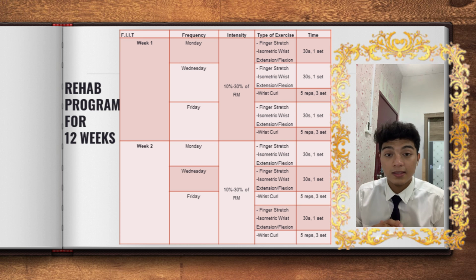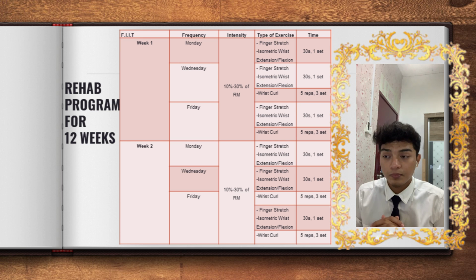What exercise is done on Monday? The exercise is finger stretch, isometric wrist extension and flexion for 30 seconds for one set. For Wednesday, same as Monday: finger stretch, isometric wrist extension and flexion for 30 seconds and one set, but with one new exercise, which is wrist curl for 5 reps for 3 sets.